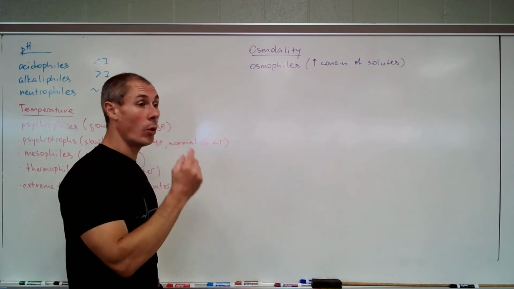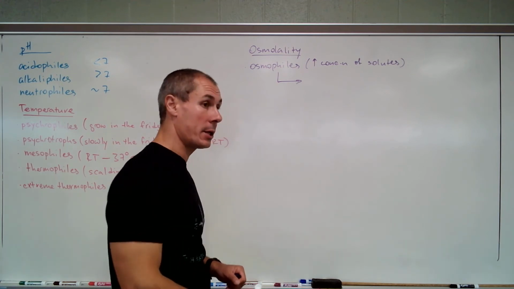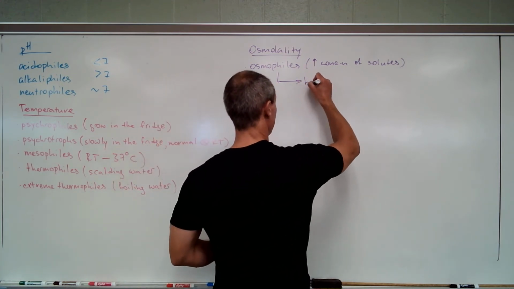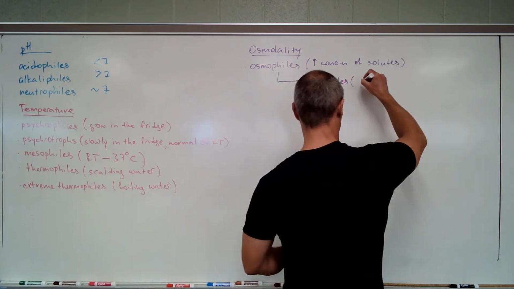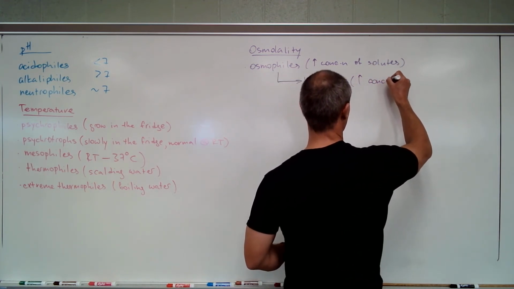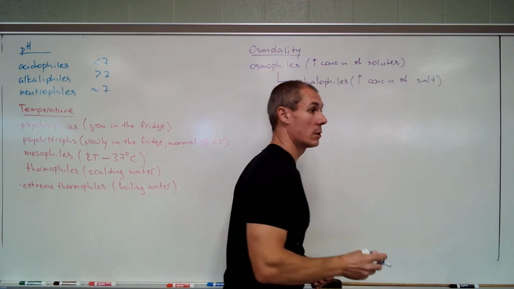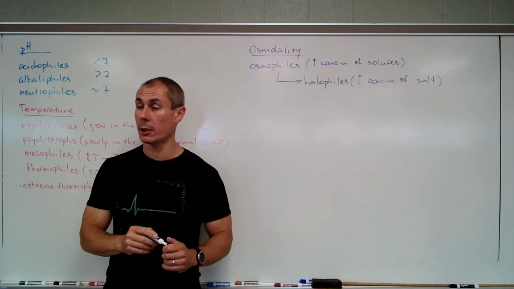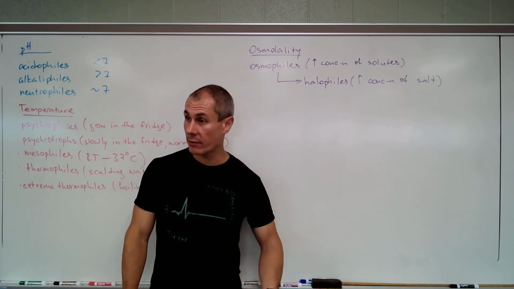Now, within osmophiles, we identify a special category of microorganisms called halophiles. Specifically, high concentration of salt. This is important because salt, we use it for conservation purposes.